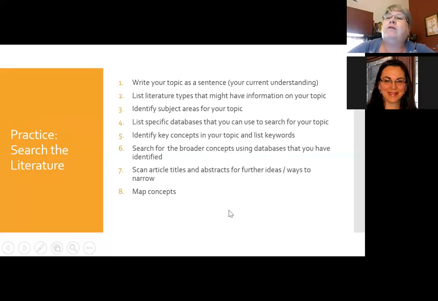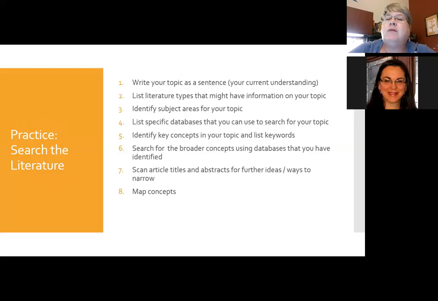So here's another practice in searching the literature. Be able to write down your topic as a sentence. How do you understand your topic? Think about the types of literature: books, journal articles, newspapers, primary source materials that might have information on your topic. Think about your subject areas for your topic.